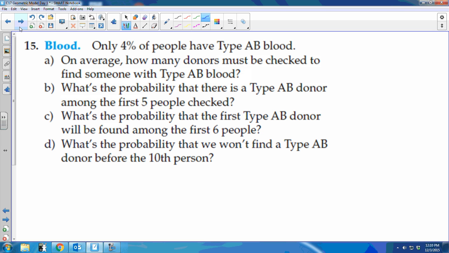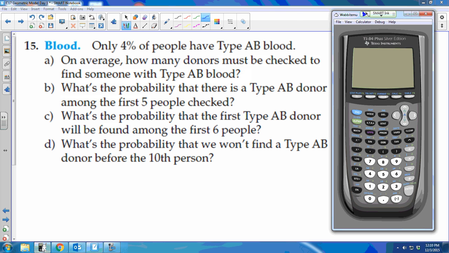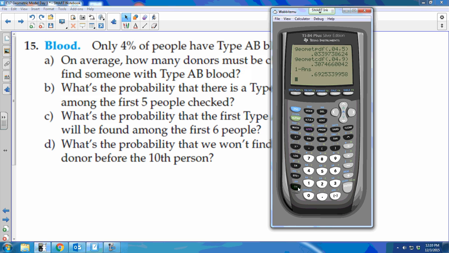If you go to second variables in your calculator, if you're on an 83 or 84, you need to scroll up, because if you scroll down, it's going to take you forever. So scroll up, because it's the last two listed.